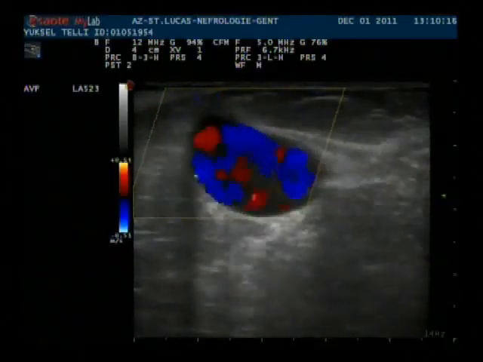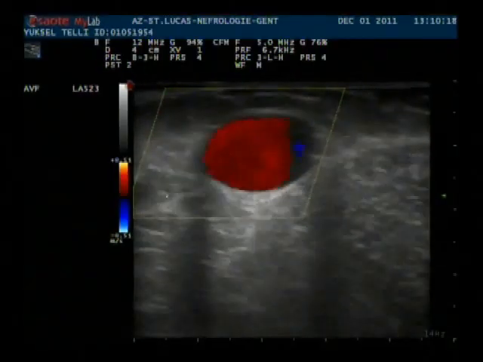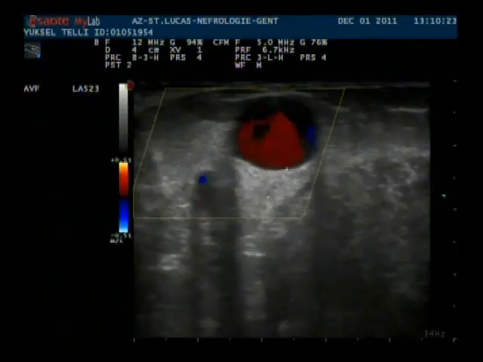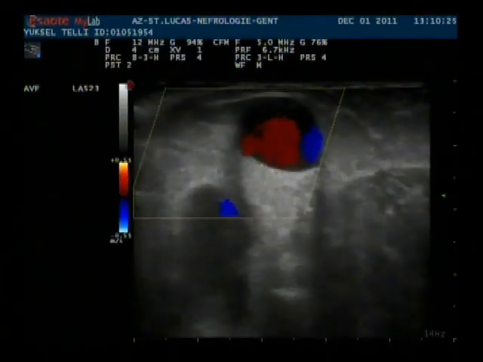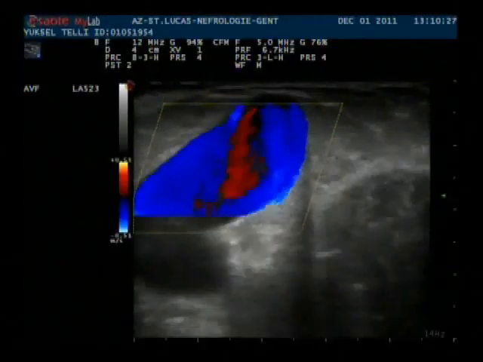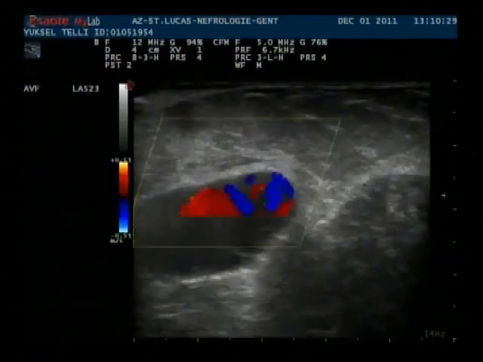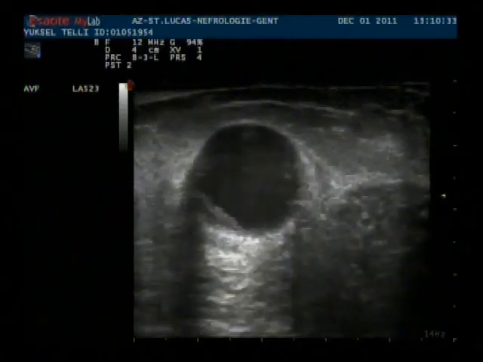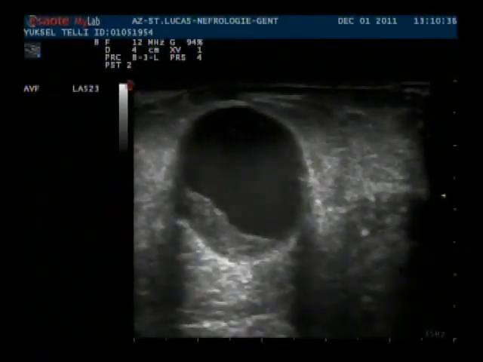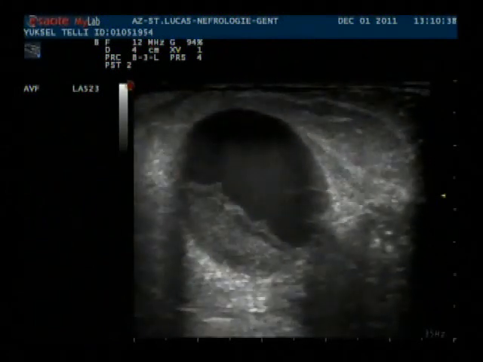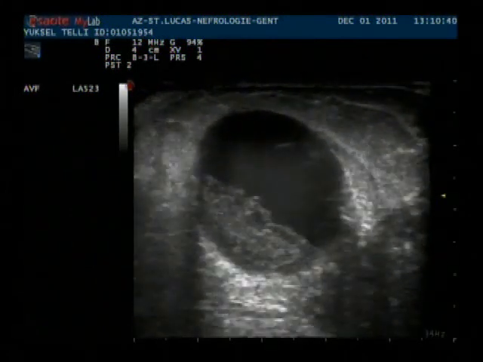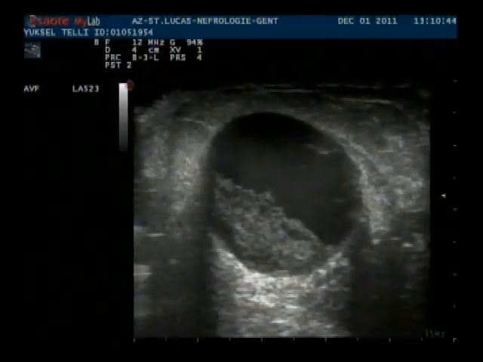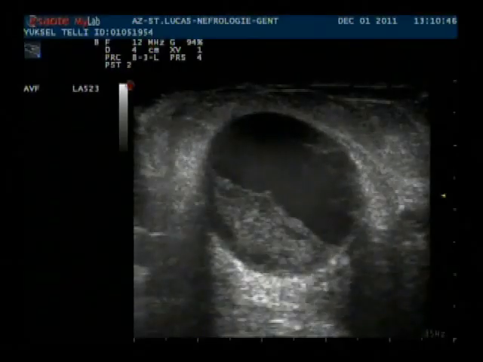So now we go up towards the head, and the vein is not running entirely straight. It's making a turn and it's going further up, and now we can see that there's a hyperechoic zone appearing, which is consistent with a partial thrombosis of the outflow vein.